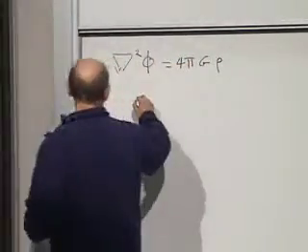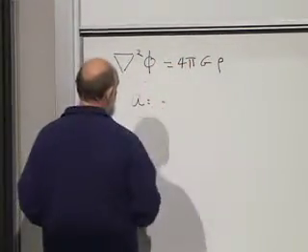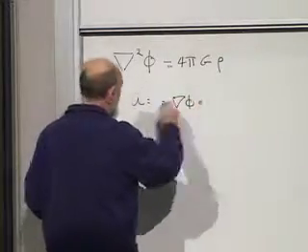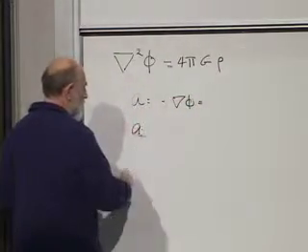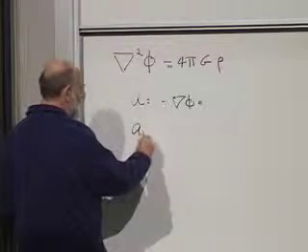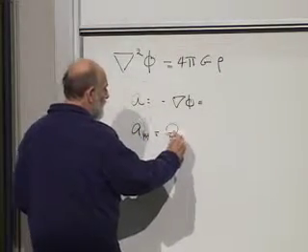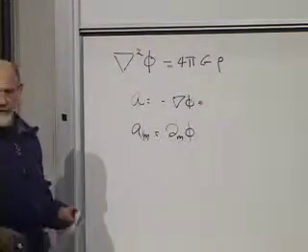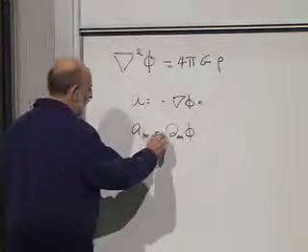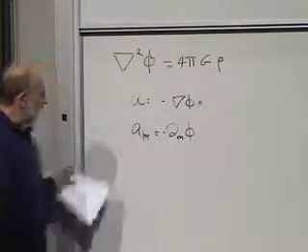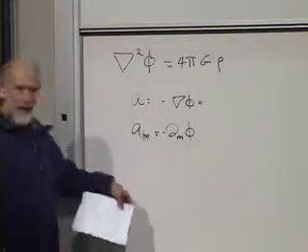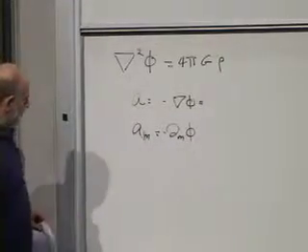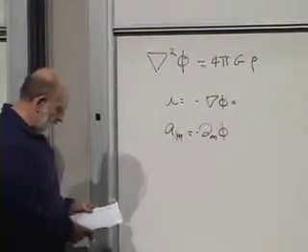Acceleration is equal to minus the gradient of phi, or the mth component of the acceleration is equal to minus the derivative with respect to m of phi. Is it minus or plus? Minus, I think. That's F equals ma, except dividing by m. Acceleration is the gradient of the potential. Okay, so we have that.